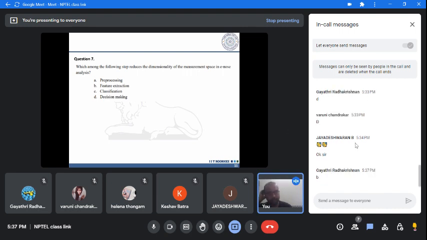Okay, Gayatri is saying B, feature extraction. Please answer whatever you think. Varuni is saying A, pre-processing.